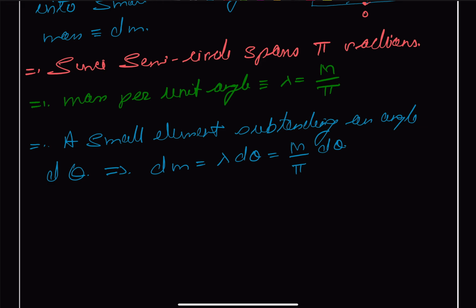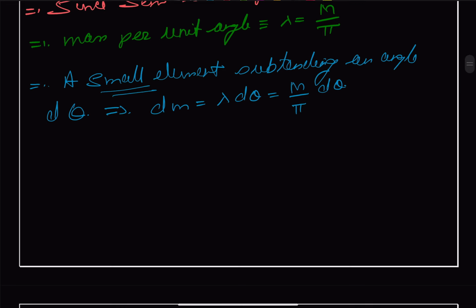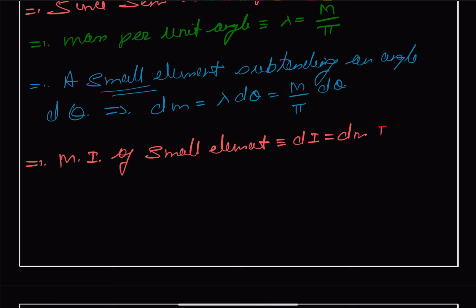So we can find out the moment of inertia of this small element. Therefore we can say that moment of inertia of small element, let us suppose that is our dI, will be equal to small mass m and its radius square.